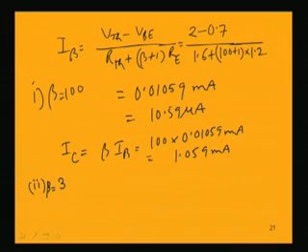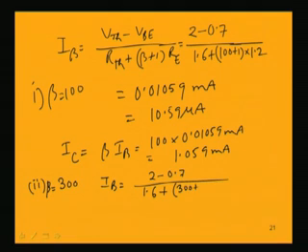For that case when beta is equal to 300, IB will now be changing. IB value will be 2 minus 0.7, only beta is changing, others are same. So, I write down for that value of beta 300 plus 1.